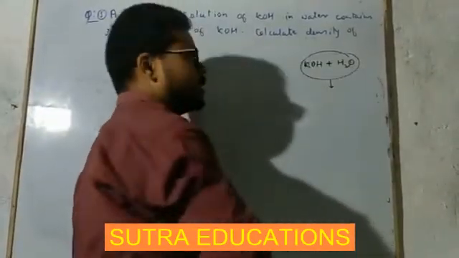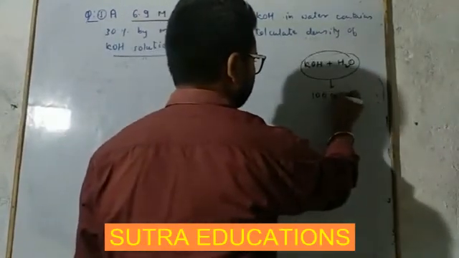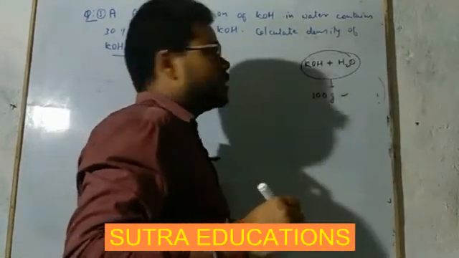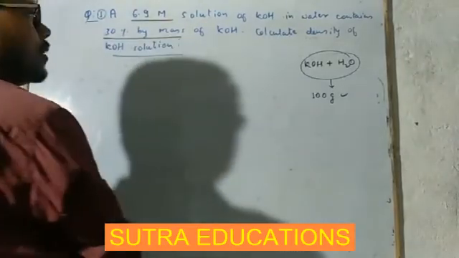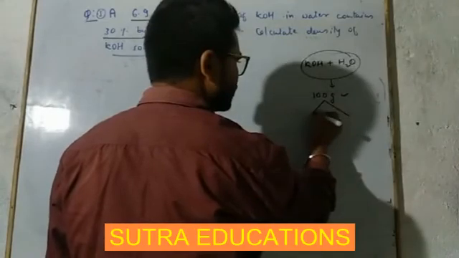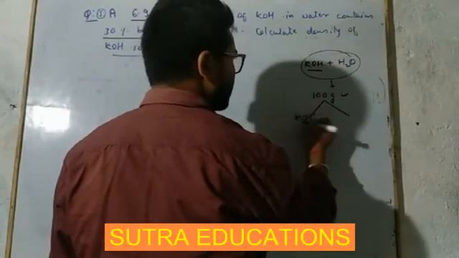Say 100 gram of solution is there. According to the question, 30% by mass is KOH, so in 100 gram there are two components, one is KOH and the other is H2O.